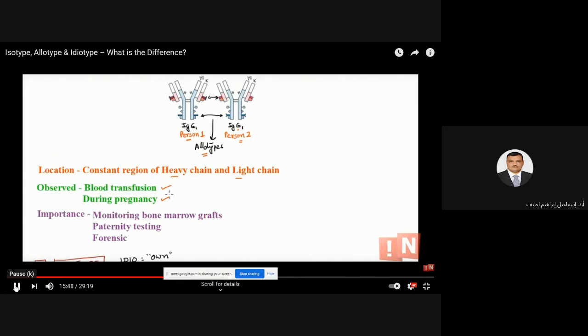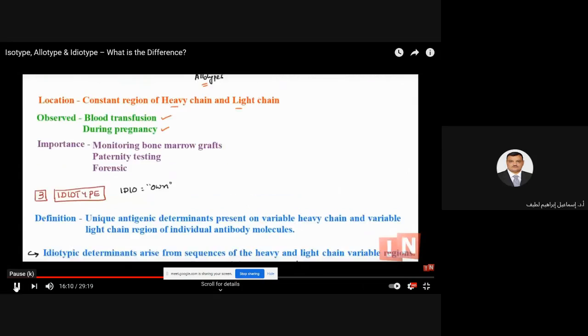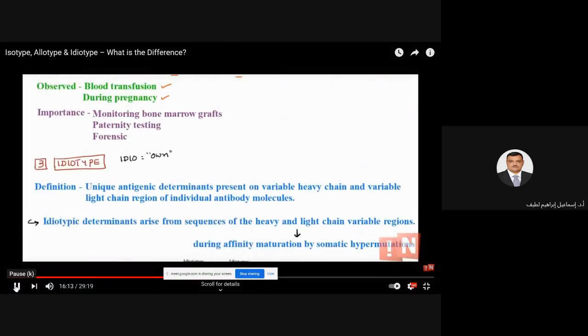If the maternal allotype is different than the fetus's, because the fetus might have got the paternal allotype, which is different than the mother's allotype, then at the time of delivery there will be mixing of fetal and maternal blood. At that time, the mother's immune system might produce some antibodies against the newly introduced allotype. But clinically, there is no problem even if we have some anti-allotypic antibodies.